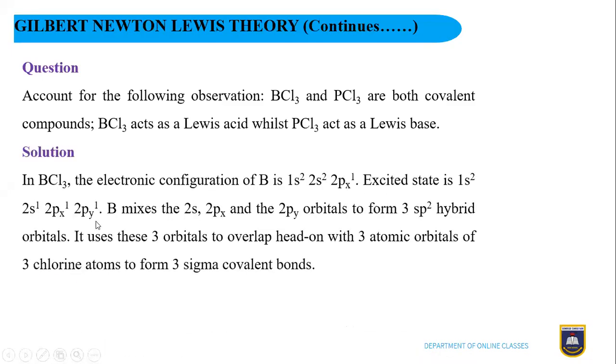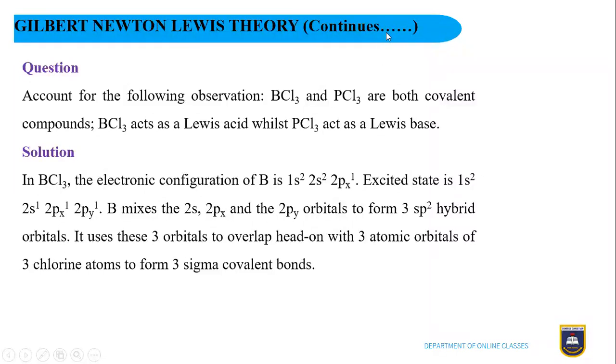Now look at the explanation. In BCl3, the one that is acting as the acid, the electronic configuration of boron is 1s2, 2s2, 2px1. If you write the excited state electronic configuration, you have 1s2, 2s1, 2px1, 2py1.